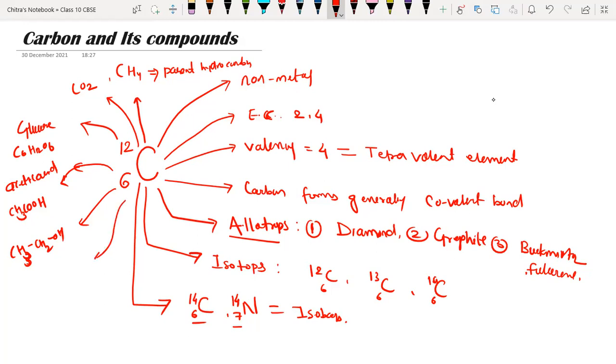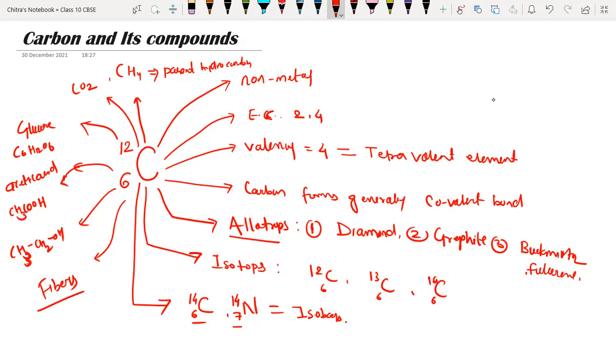So we have many important compounds which are made up of carbon. The clothes that we wear every day are made of either rayon, acrylic, or cotton, and they are all made up of carbon only. Carbon is also used for the preparation of polymers and fibers.